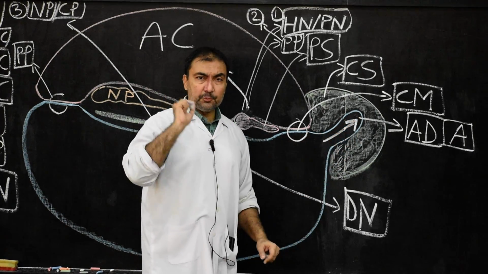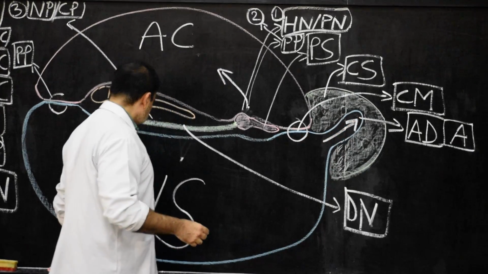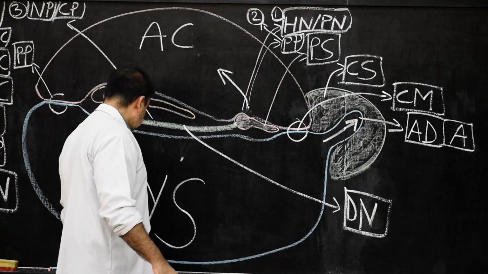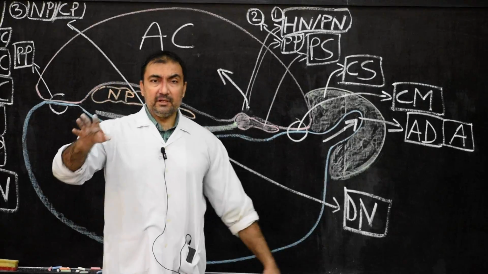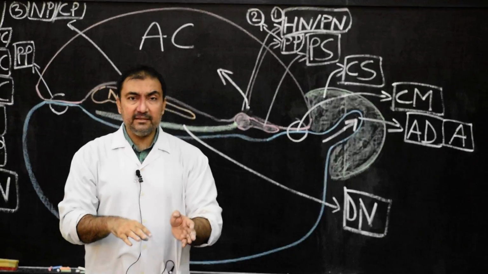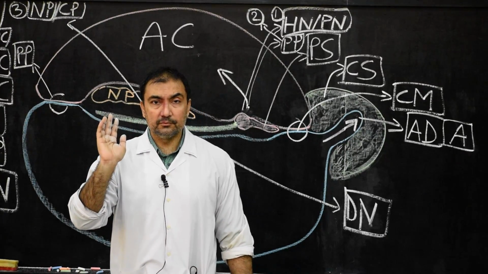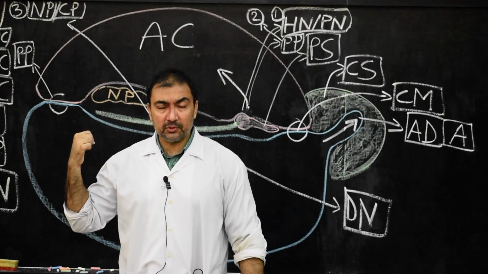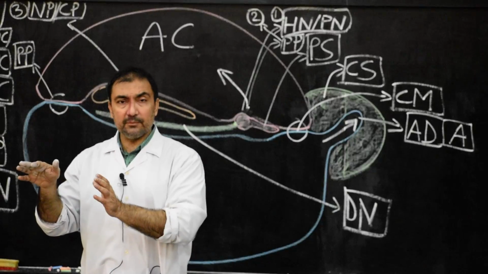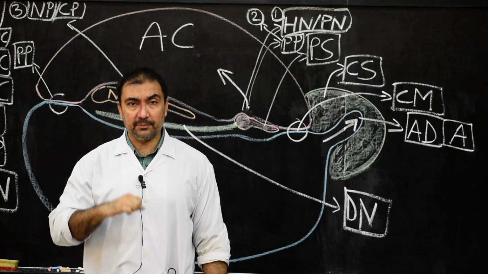And the last point. The entire notochord will develop on the 17th or 18th day of the embryo. Please note down, the entire notochordal process will develop on the 17th or 18th day of development.